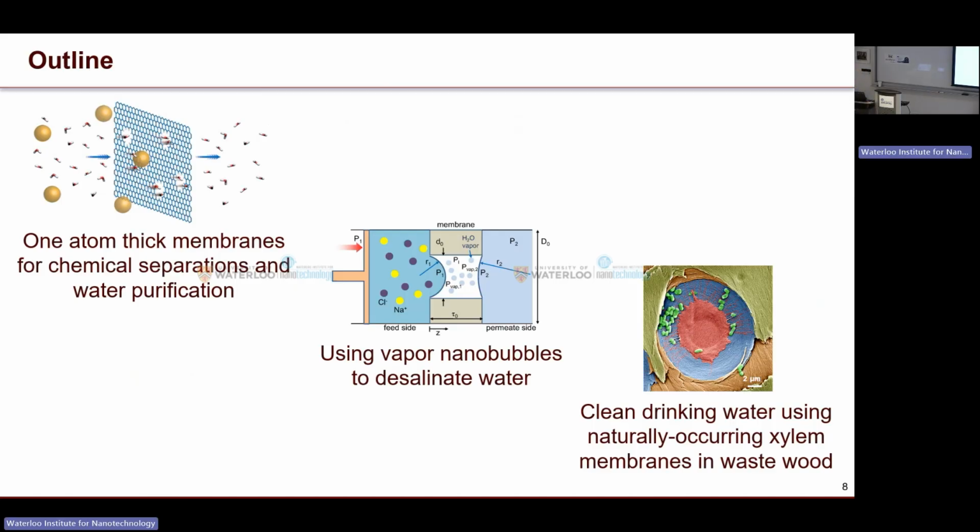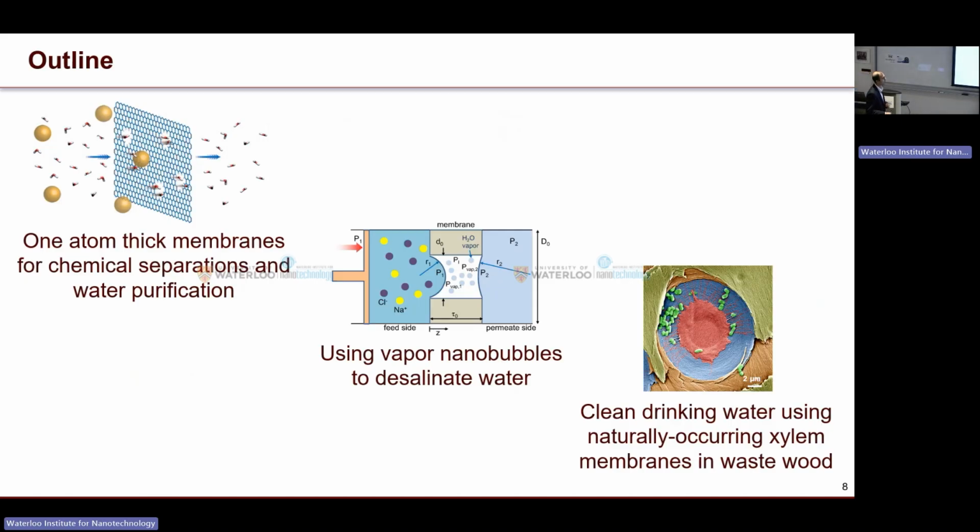So today I'll talk about three different topics in this context. The first one is making membranes that are just one atom thick. So we make them out of graphene, and these can be useful for chemical separations as well as water purification. Then this other topic, which is actually one of the earliest research that we did in our lab at MIT, is using nanobubbles, or air trapped inside small hydrophobic nanopores, to do desalination.